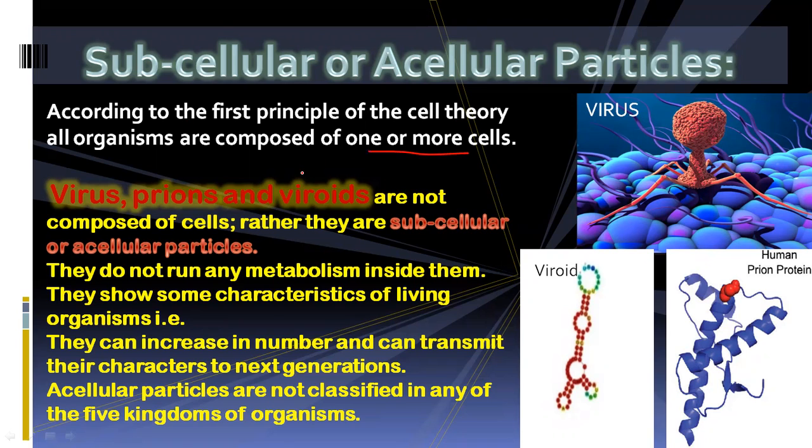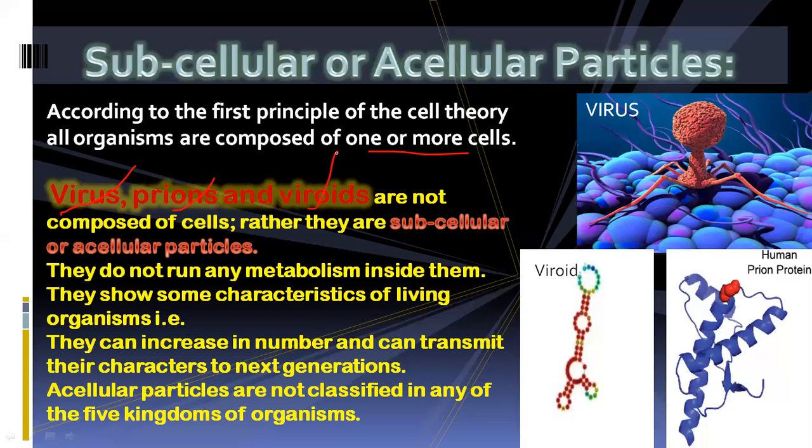Cells means they must have all the cell organelles and cell structures in them, and also the life processes. But these are not having such processes of life. They are viruses, prions, and viroids.